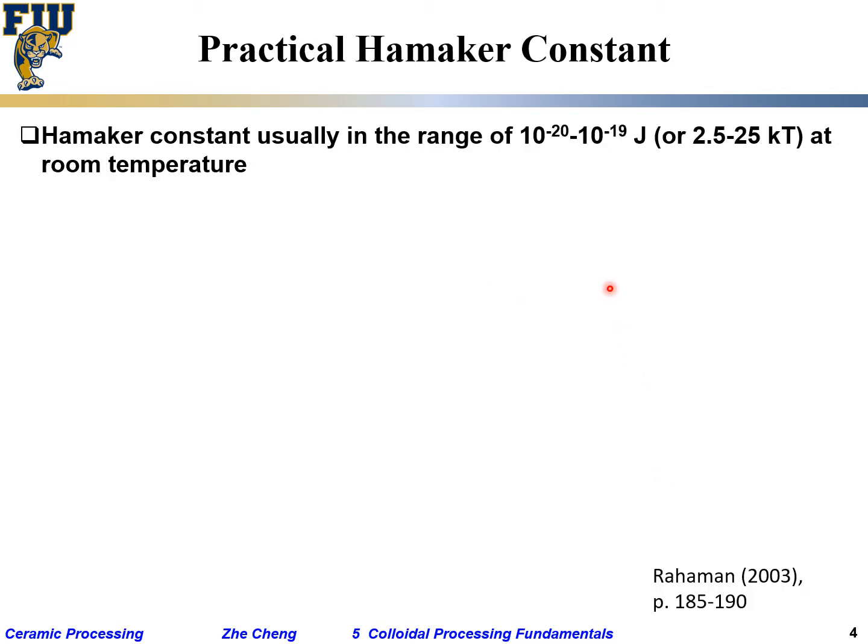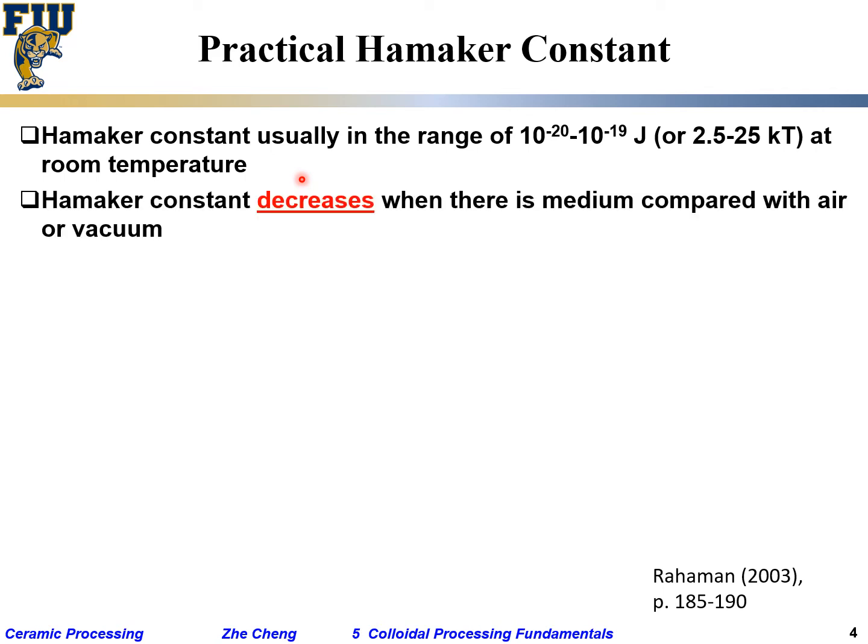And generally, the so-called Hamaker constant, people determined it is a very small number, 10 to the minus 20 joule. That's just for that A constant. The Hamaker constant would decrease if between the particles it's not vacuum or air, but some other type of medium.